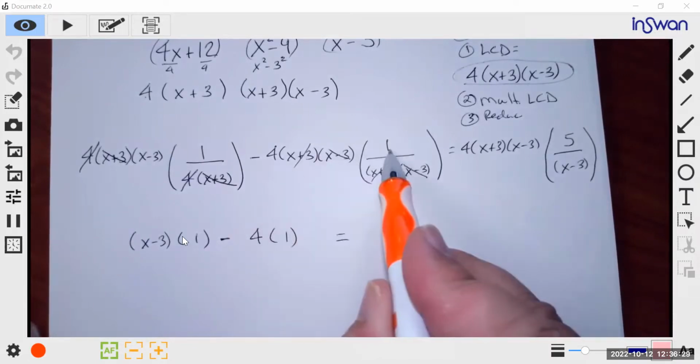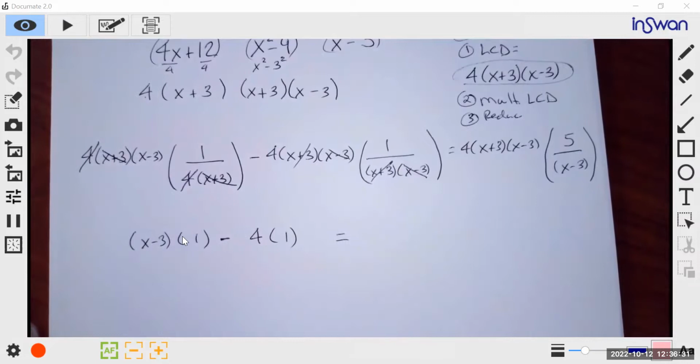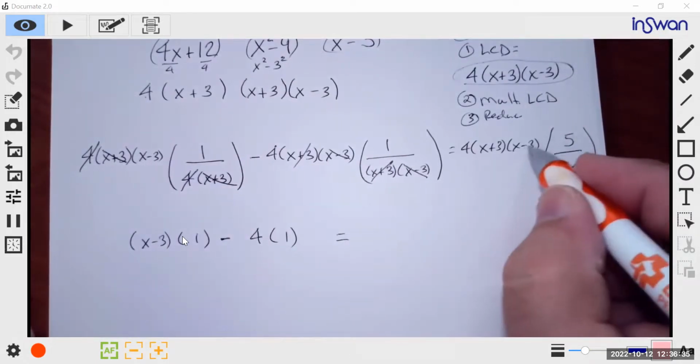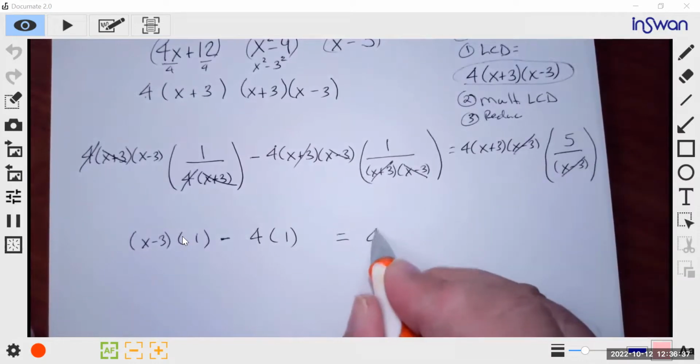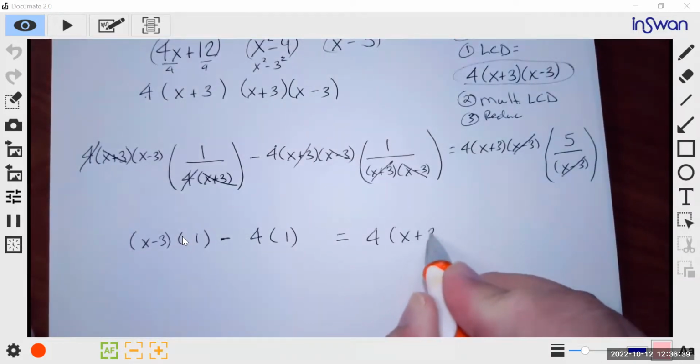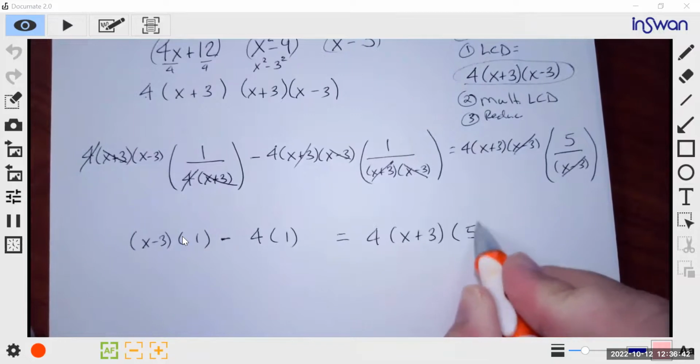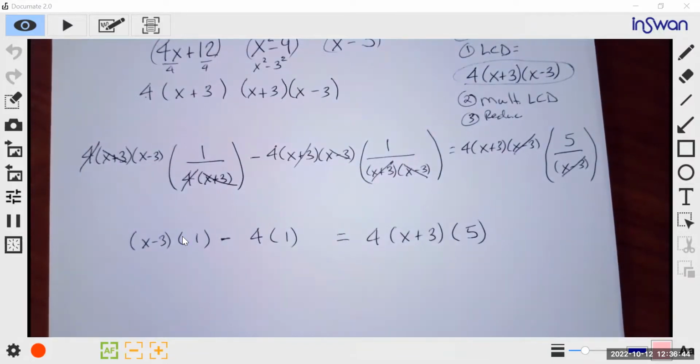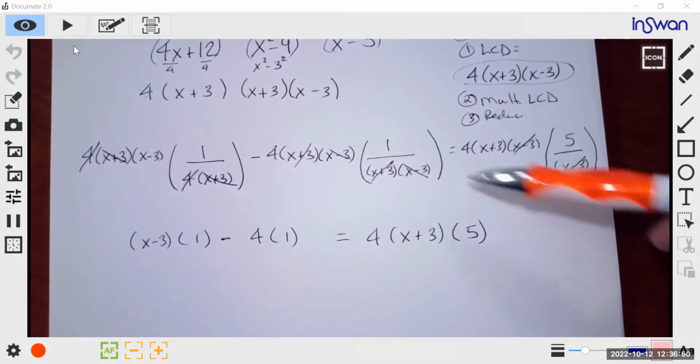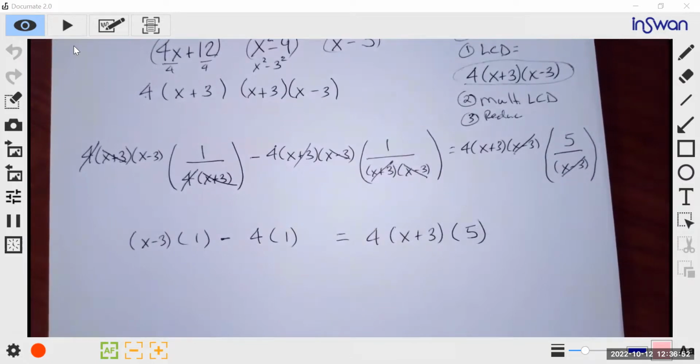This is the 4, and there's 1. And the only thing that cancels in the last one is the x minus 3. There, it's a lot easier looking now. We're now on easy street.